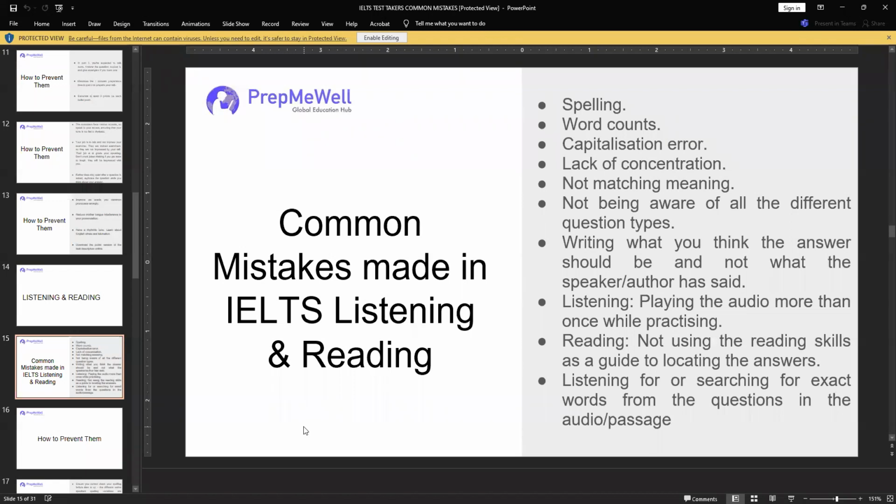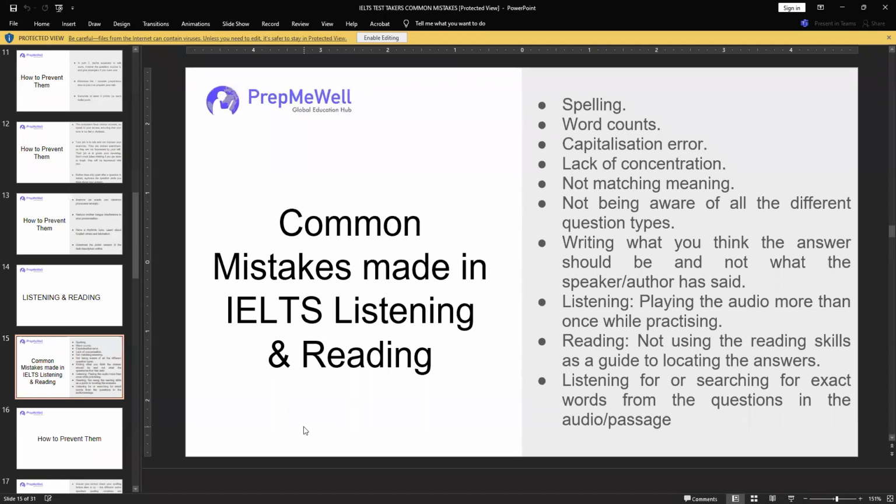So a mistake people make sometimes is that they will change the word form from locate, which is a verb, to location, which is a noun. Please don't do that. You have to give them exactly what they said, or what you read in the passage.